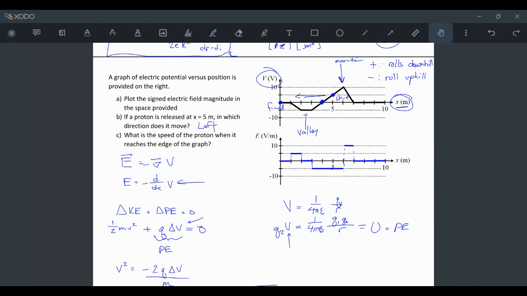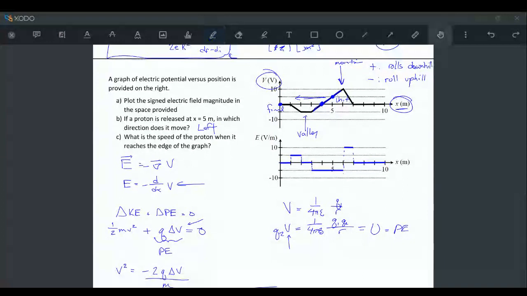The way to think of potential is like altitude. It's just like how far up or down this surface are you? So you can see that's a very easy example of where the electric potential is instantaneously 0 in this graph at around x equals 4.